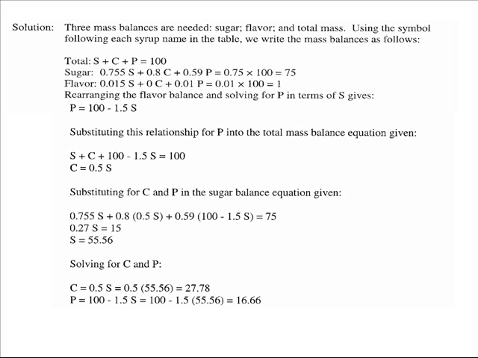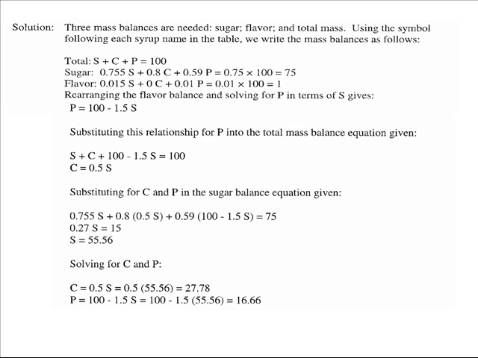If you do a balance on the sugar, noting the percentages of sugar in each of the three syrups, you have 0.755 times the kilograms of sorghum syrup, or S, plus 0.8 times the kilograms of corn syrup, or C, plus 0.59 times the kilograms of your semi-syrup, or P, which is equal to 0.75 times 100.